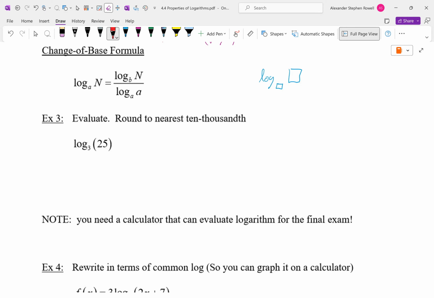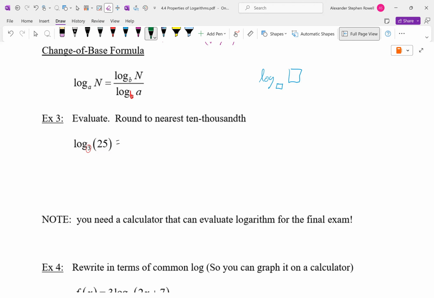Oh, this is a typo. This is a really bad typo. It should be a log base b. Scientific non-graphing. It's okay. This isn't too bad. So if I have log base 3 of 25, would you like to convert it to the natural logarithm or the common logarithm?